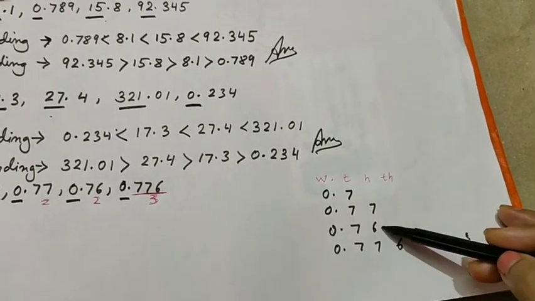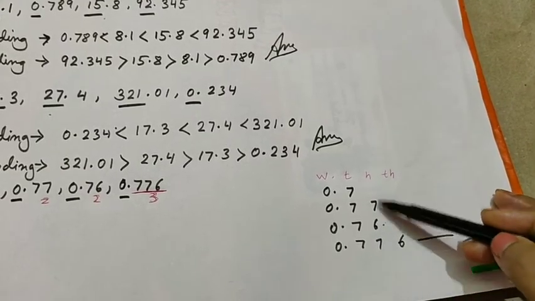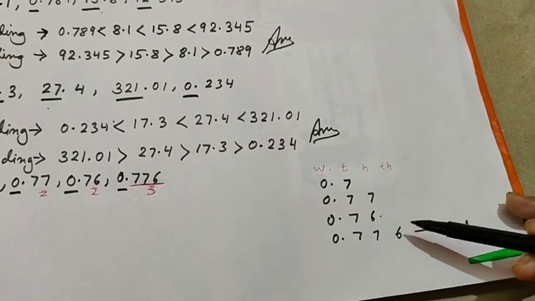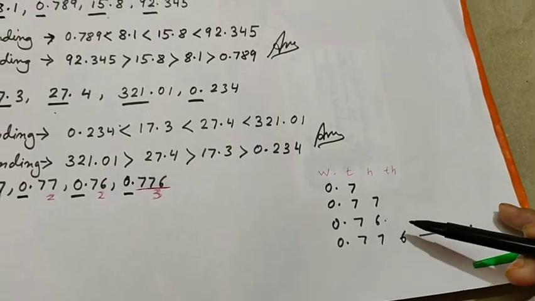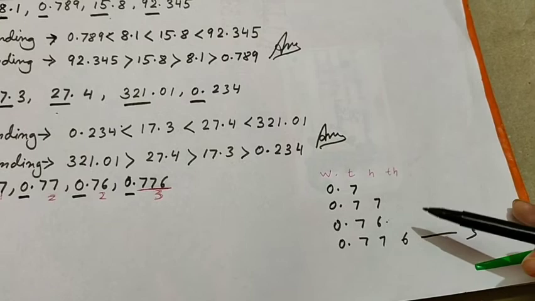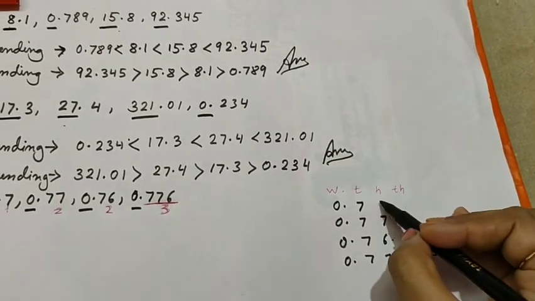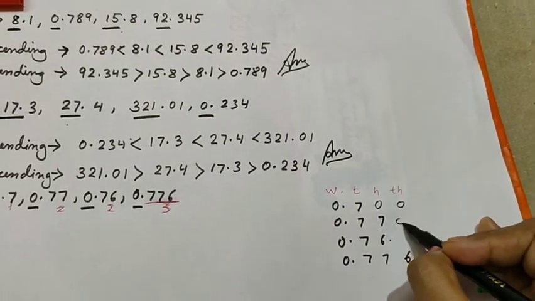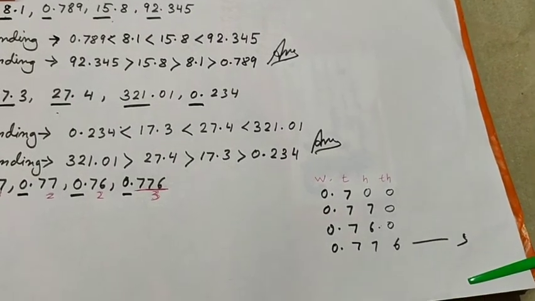So we have to convert these unlike decimals to like decimals with 3 decimal places. And how to convert the 2 decimal places and 1 decimal place into 3 decimal places? We will put 0 after the last digit, isn't it?